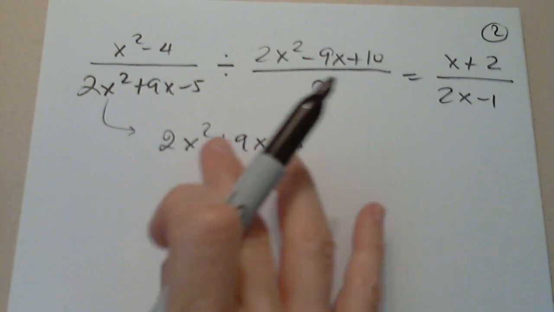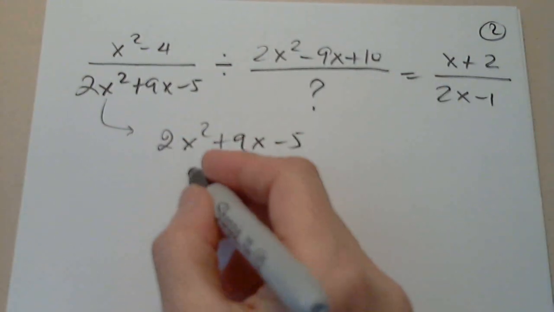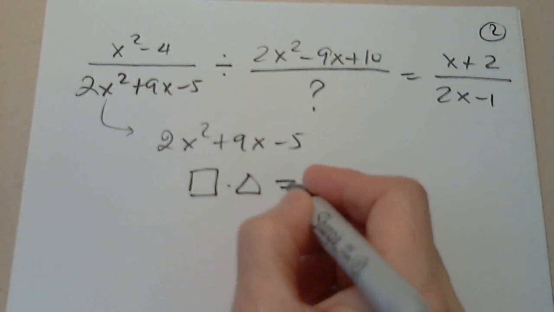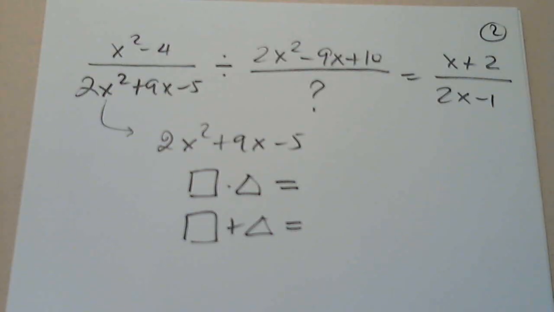Descending order, no greatest common factor, no special product. 1 is not the leading coefficient, so I'm down to the last chance. Now, can anyone give us the product and the sum? And then we'll figure out how to factor. Negative 10 and 9?